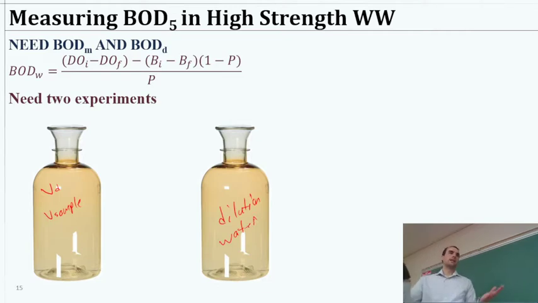And we're going to test the oxygen drop in both cases, and that's going to give us the information required, where we have dissolved oxygen initial and dissolved oxygen final.